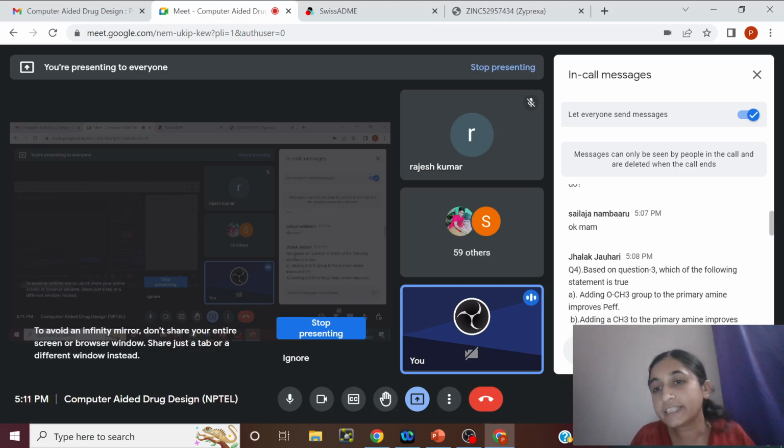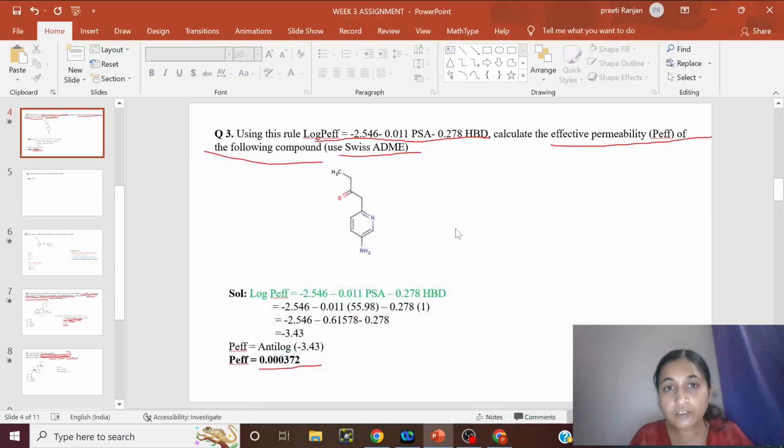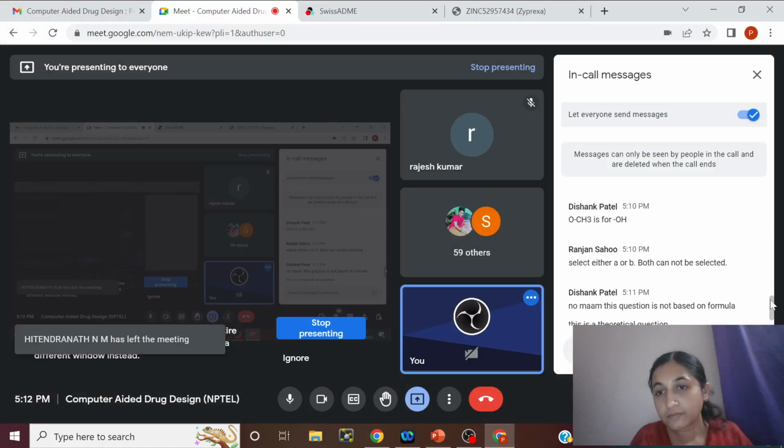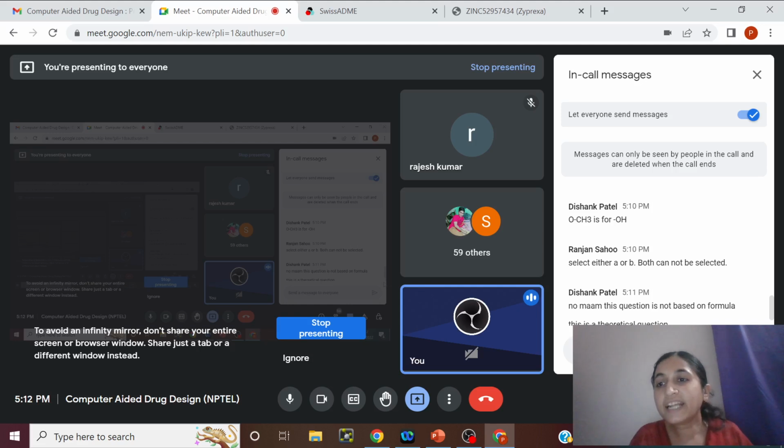See, it's written here itself, based on question 3. So what is question 3? Question 3 is this only, na? Right? Then select any one, A and B. It will be okay.